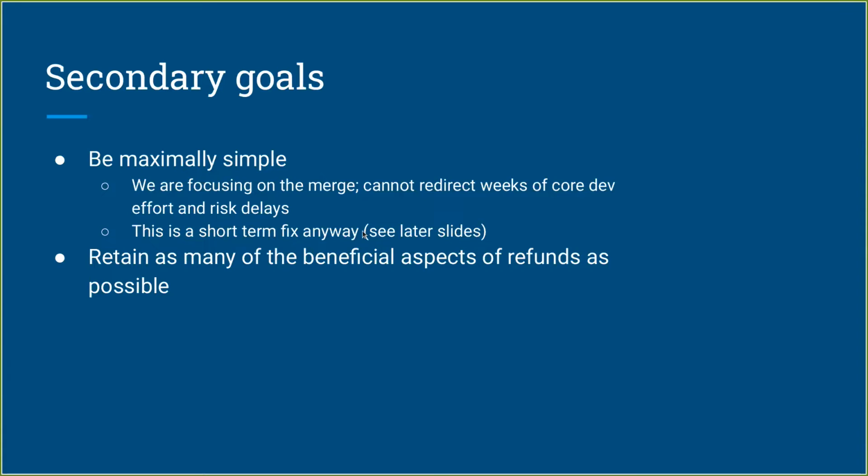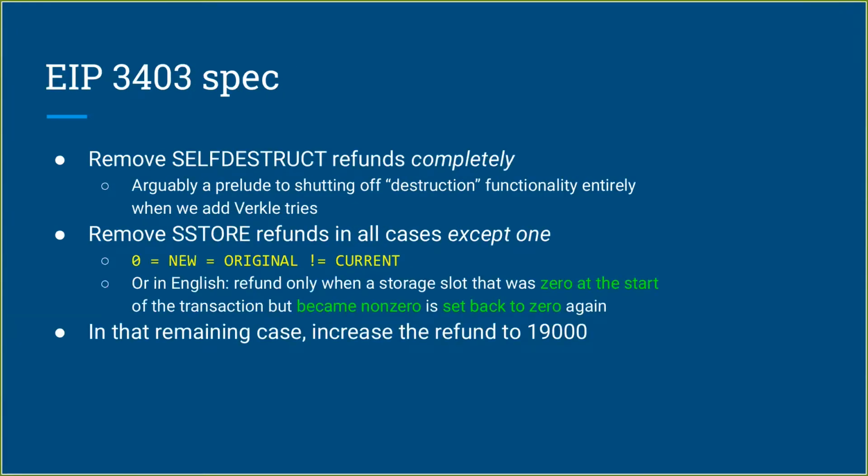State expiry, or part of the solution to the state problems, is going to re-architect storage in a different way, and I'll talk about that in later slides. And also to retain as many of the beneficial aspects of refunds as possible, so to maintain as many of the good properties of incentivizing clearing storage and so forth.